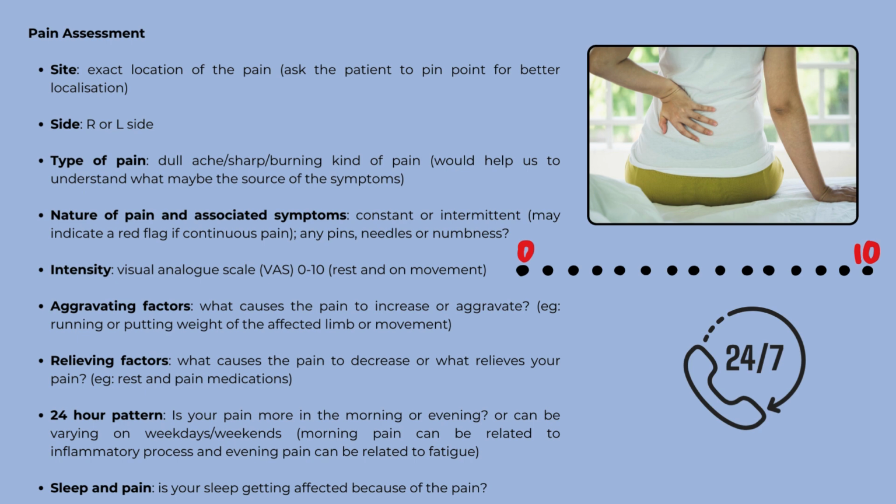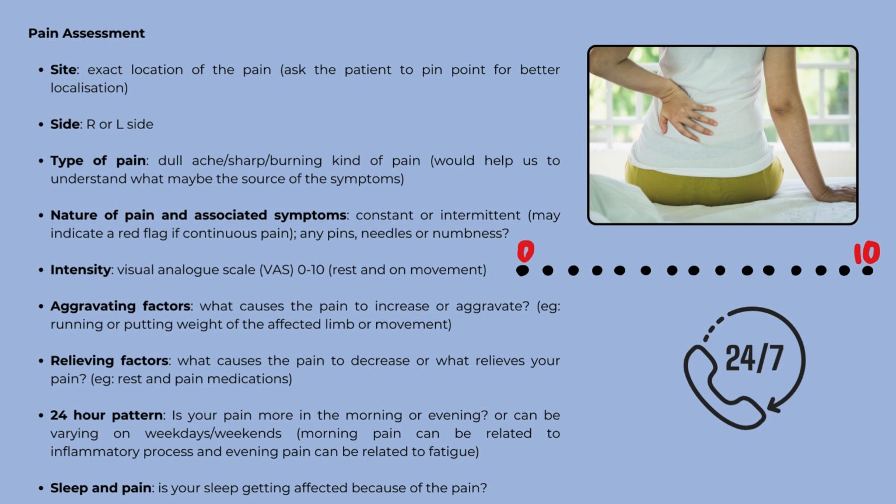Next is, all right, I do understand that you are having this pain. Now, would you say that your pain is present all the time or it comes and goes? That asks whether the pain is constant or intermittent. If the pain is constant, unremitting pain, it's usually a red flag. We will talk about that later.